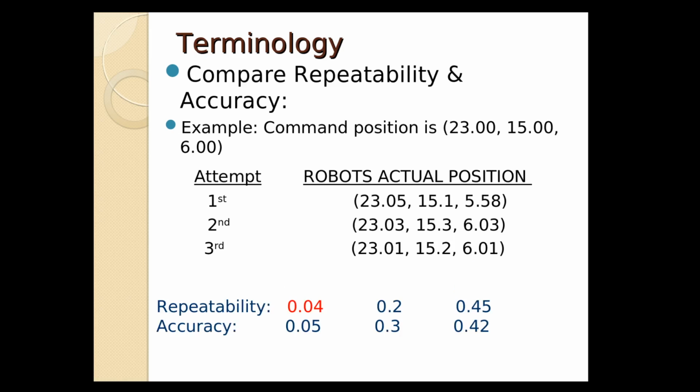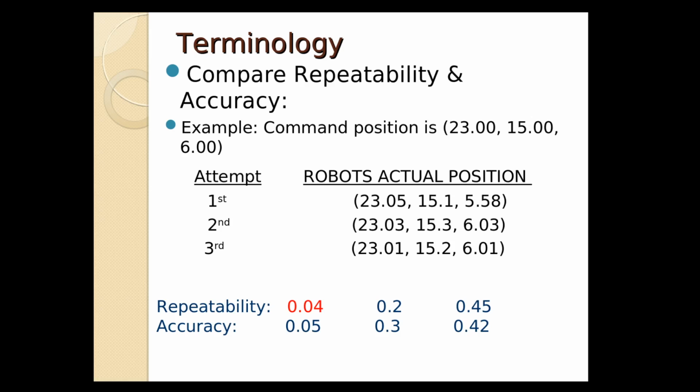And then if we run it a third time, we can see that the repeatability in the X direction actually went down, or got worse. That's why it's red there. But as we run this program multiple times, we can look and see what our maximum accuracy error was from where it should have been, which was that original 23, 15, and 6 millimeters even.